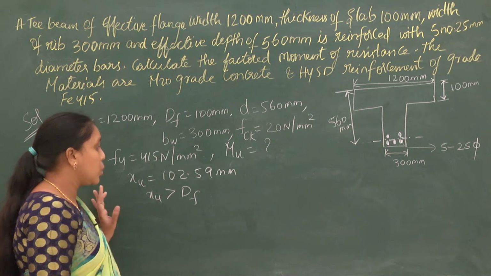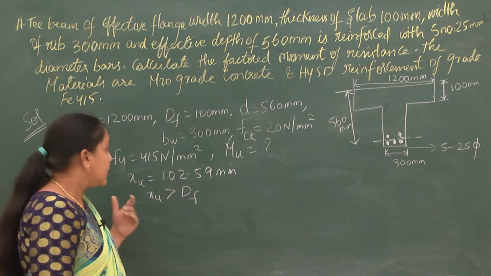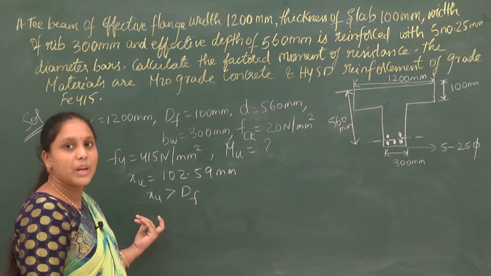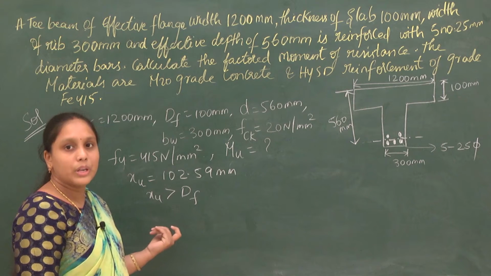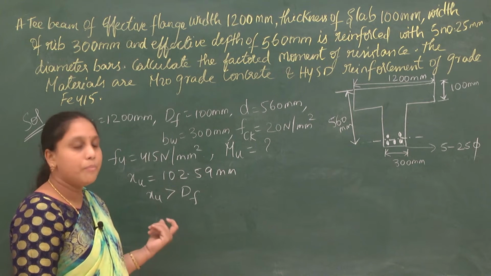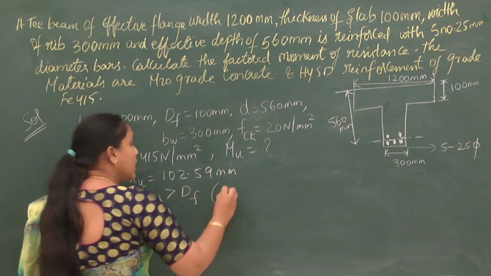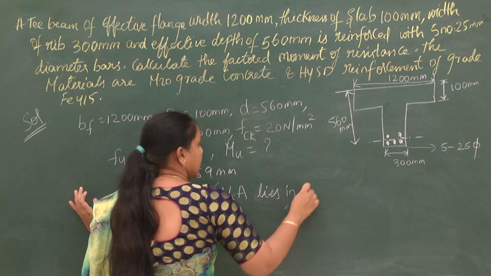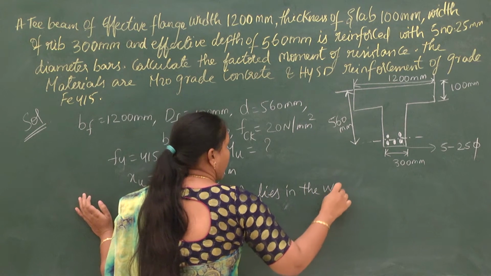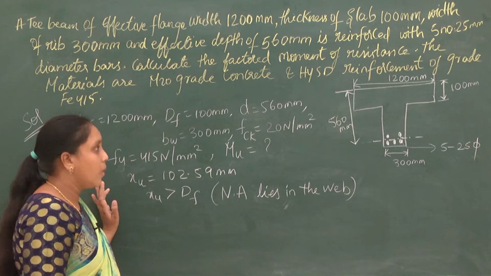That is, the assumption we have made is wrong here. So what we have to do here? We have to find out the new neutral axis depth, that is the XU, based on the neutral axis lying in the web portion. So from this, we have got to know that the neutral axis lies in the web portion.